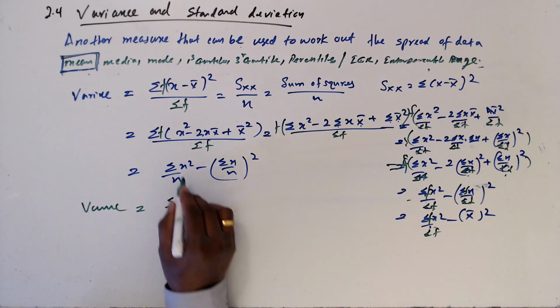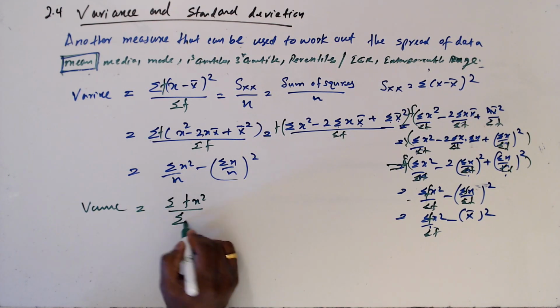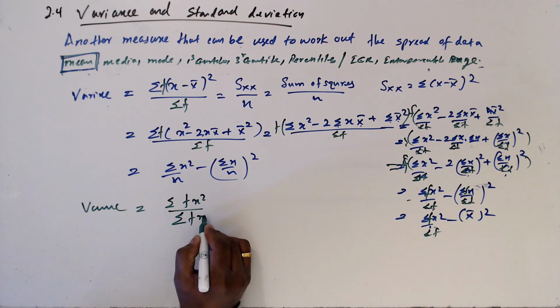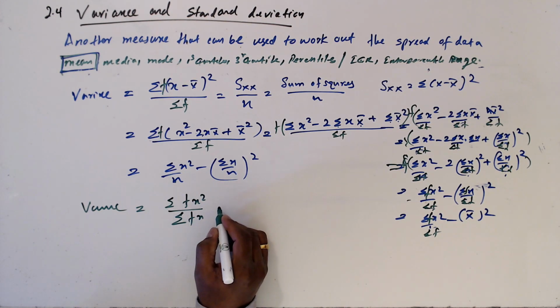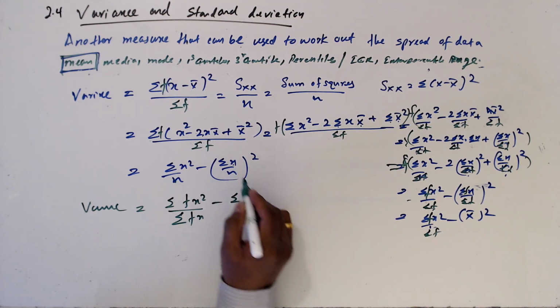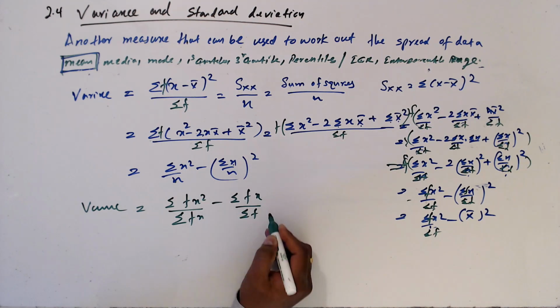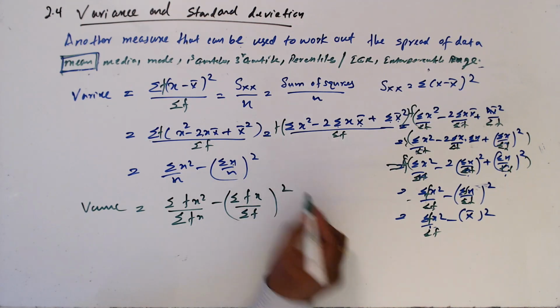So basically with this one again, variance is summation fx square over summation f, minus summation fx over summation f, all squared.